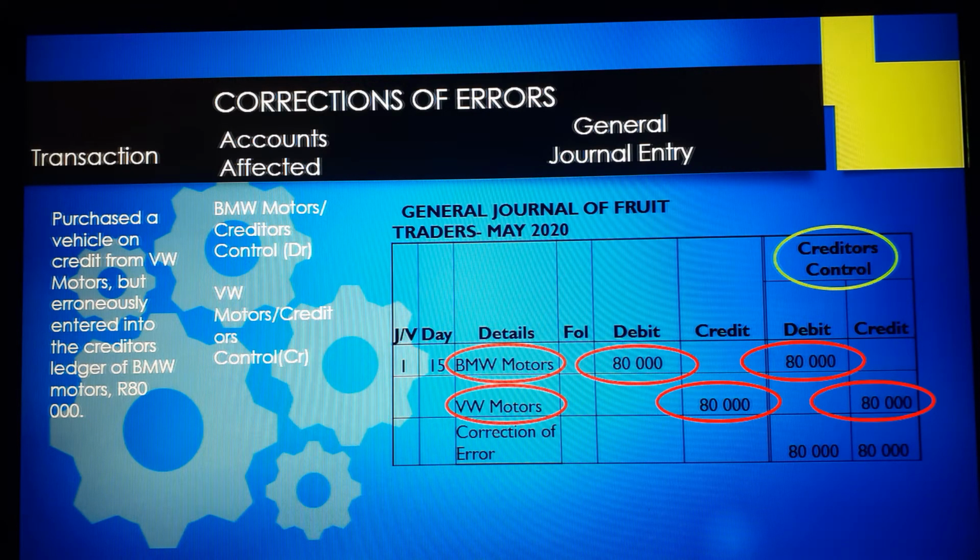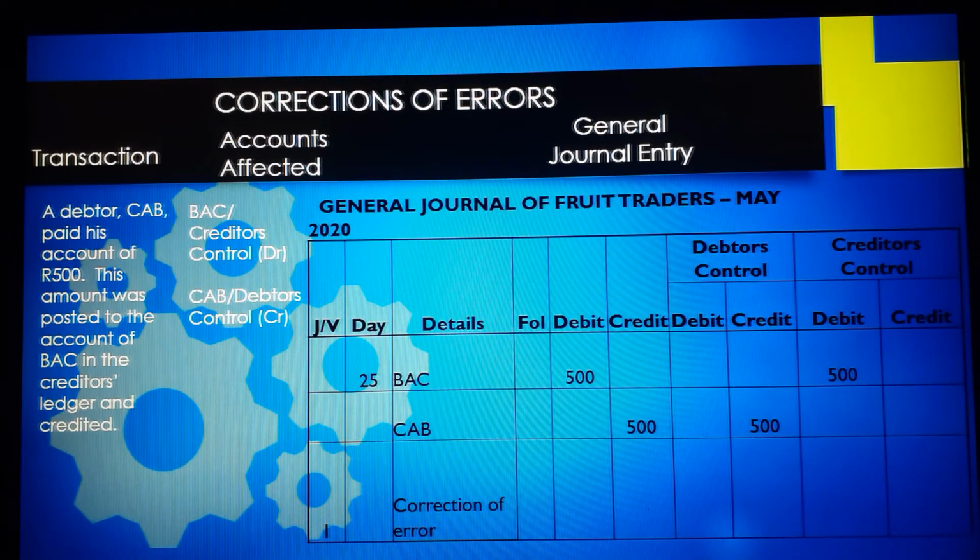We have to show the effect so that we can show how the effect cancels each other out in the creditor's control account. Okay, then at the end of the month we would total our debit column in the creditor's control account, and we would total the credit column of the creditor's control account so that we can post it to the ledger, and we would also provide a narration.